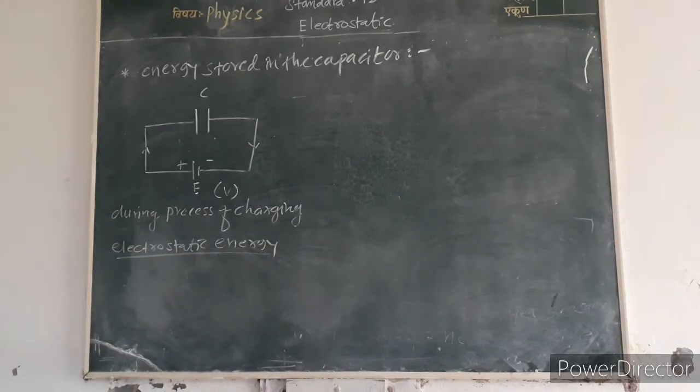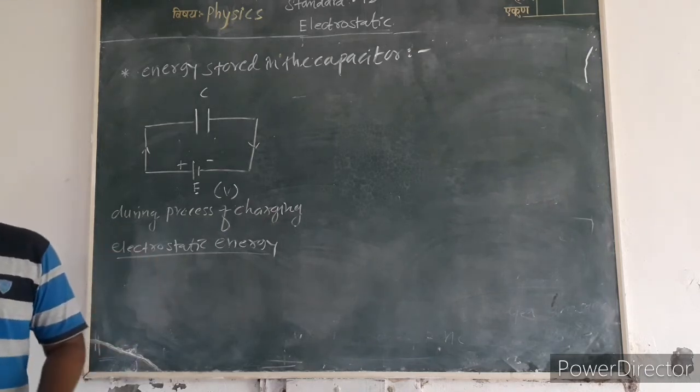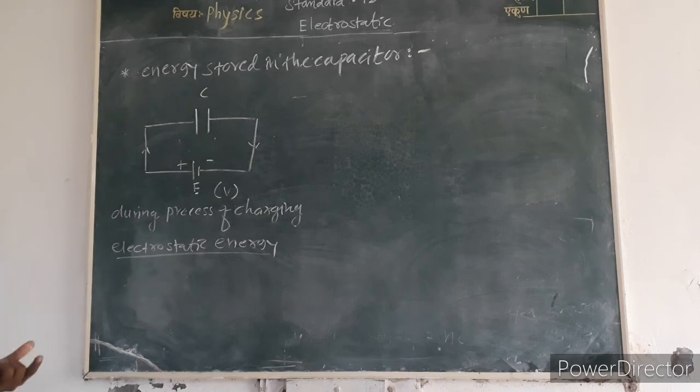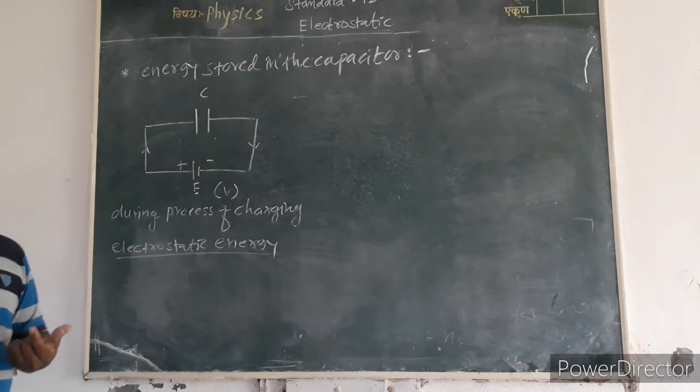During the process of charging and discharging of a capacitor, work is done, and this work done is stored in the form of energy, and that energy is called electrostatic energy.